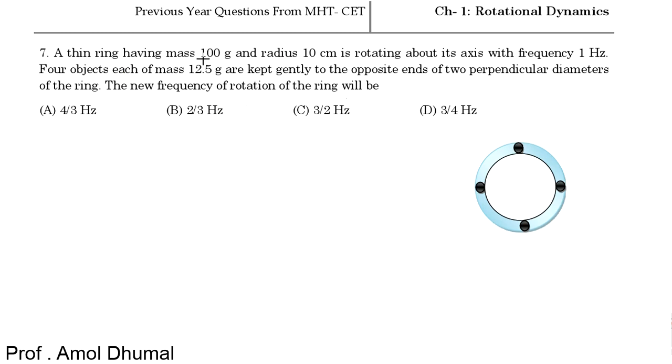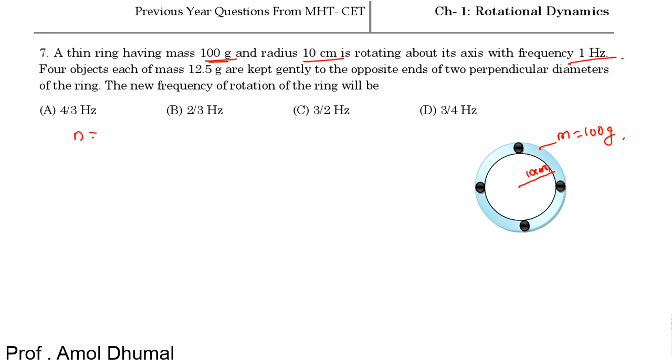A thin ring having mass 100 gram, the mass of ring is 100 gram and radius 10 centimeter, is rotating about its axis with frequency 1 hertz.